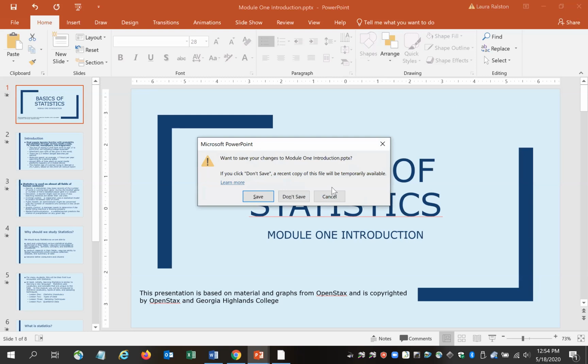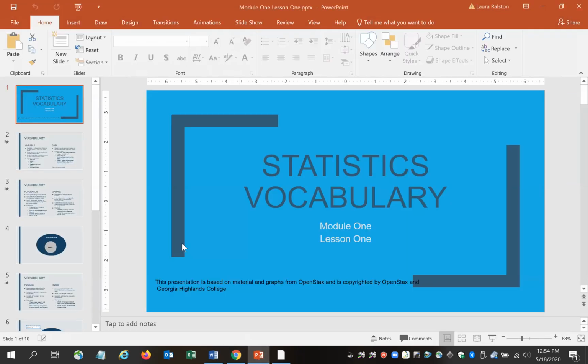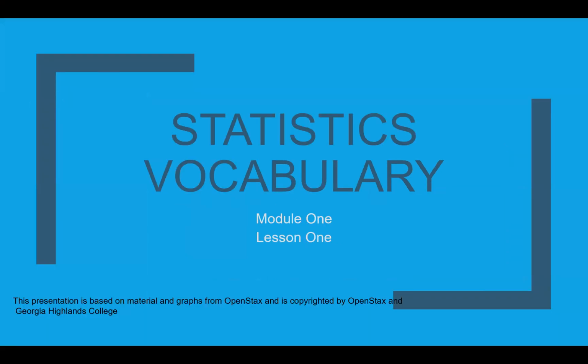So I'm going to shift gears and move to the next PowerPoint. If you want to open it up on your computer, it's called Statistics Vocabulary. It's lesson 1. Okay, statistics vocabulary.